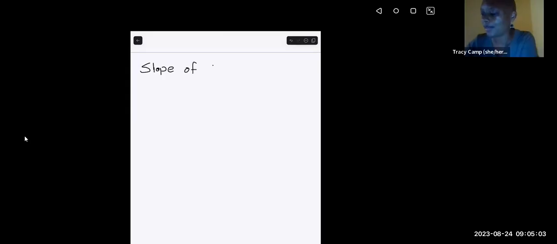And same thing here, the slope of the secant line is average rate of change.